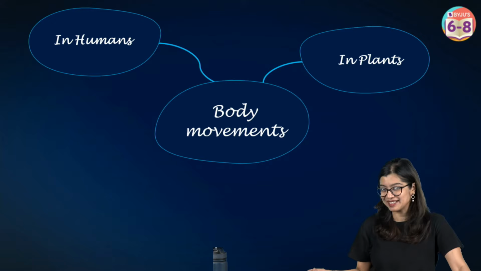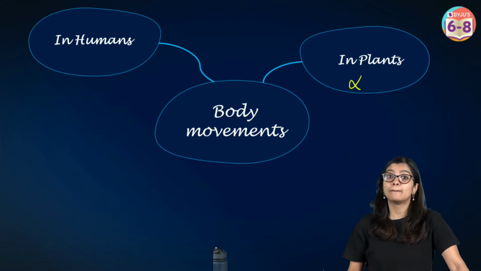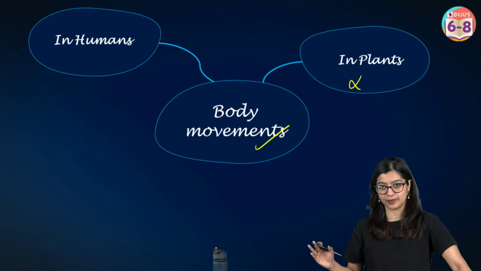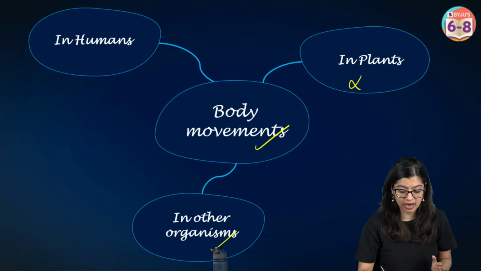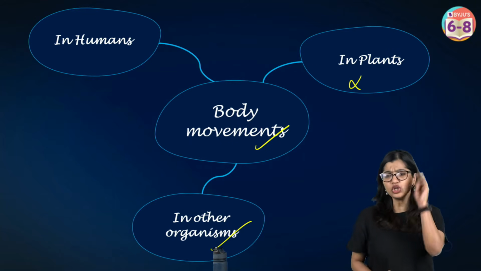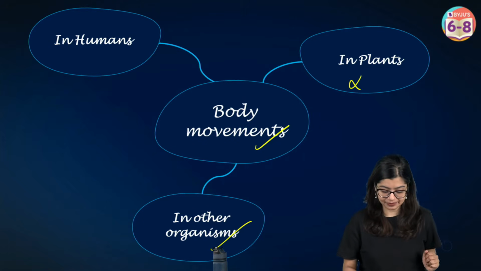Obviously, we don't see that, which is why locomotion is absent in plants. But yes, we do see movements and we will understand how in this session. Then, of course, we will cover how movement and locomotion take place in other organisms. So, these are the broad three topics in this particular chapter.